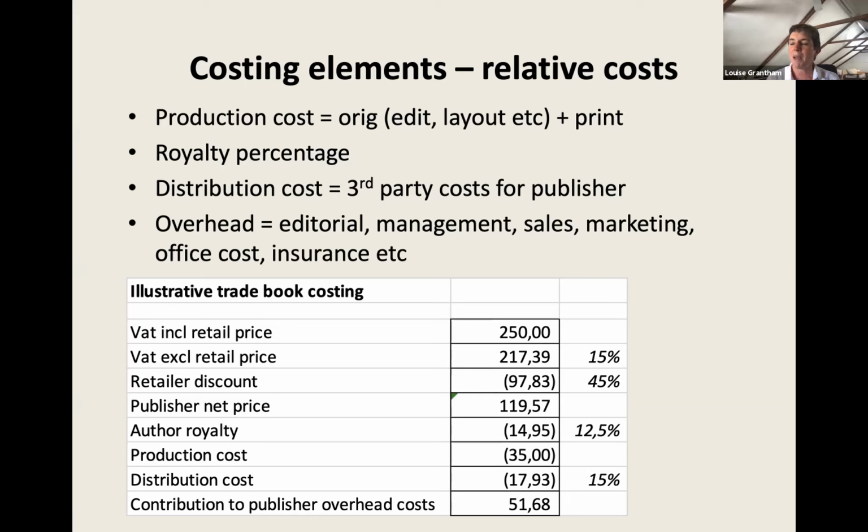That still needs to be paid out of that 51 Rand and 68 cents. And so there's only profit to the publisher if that 51 Rand more than covers the overhead costs. And obviously that's not one book that decides that. It's how the range of books within a publisher fits together.